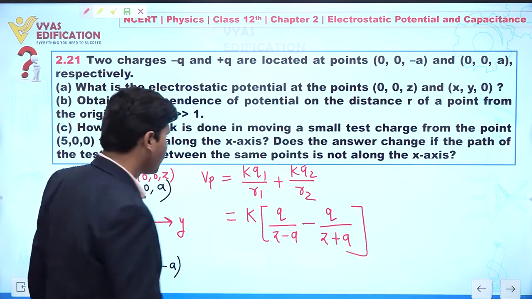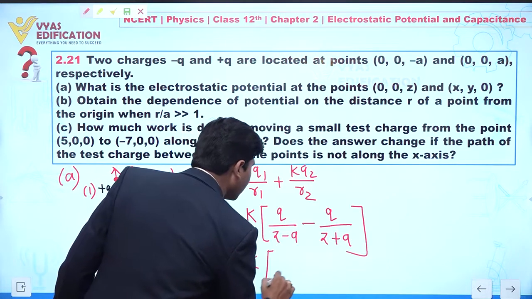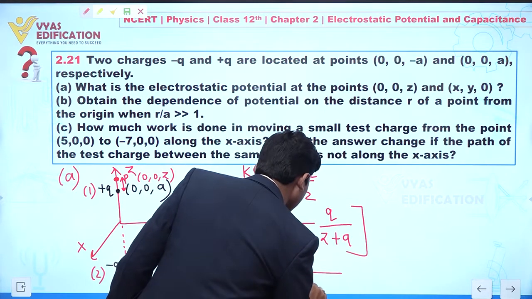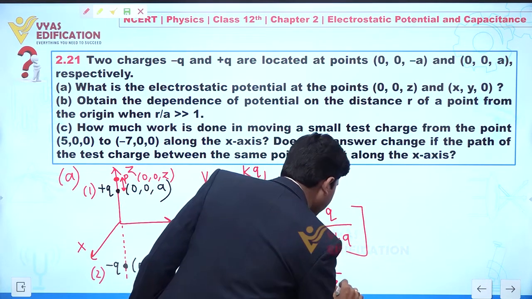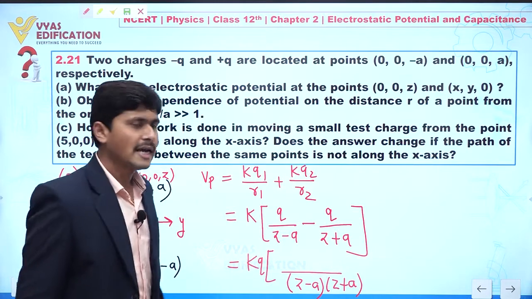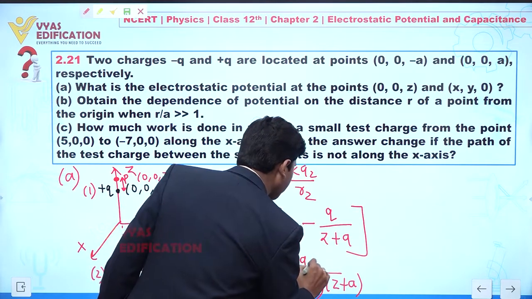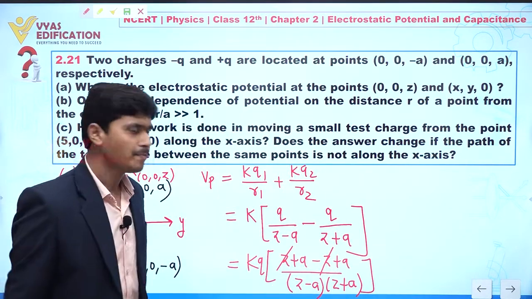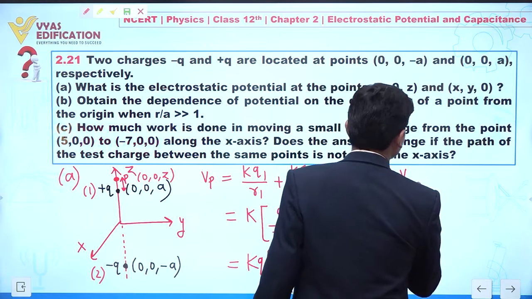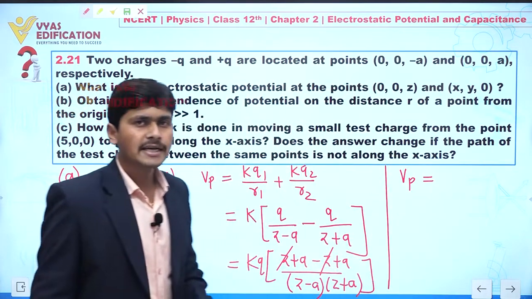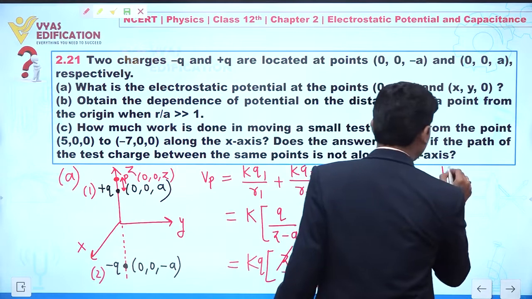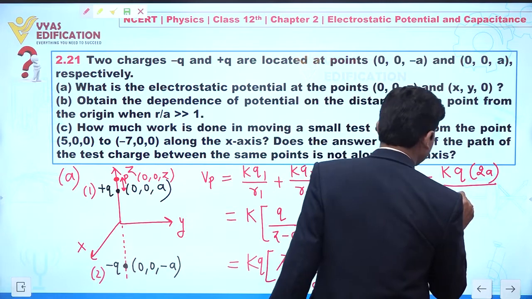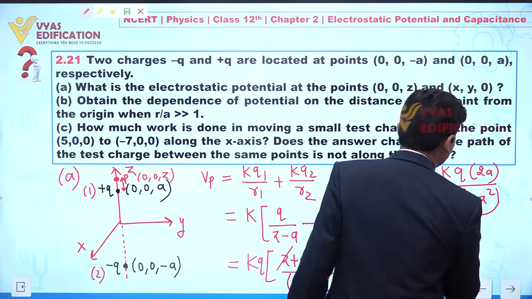Clear to everyone? So from here we can write K, and taking Q common, this is 1 over Z minus a, minus 1 over Z plus a. If we take the LCM, this is Z plus a minus Z plus a, so Z and Z cancel out. So Vp, the potential at point P, is given by K Q multiplied by 2a, divided by Z square minus a square.